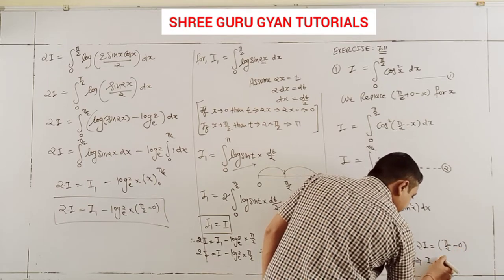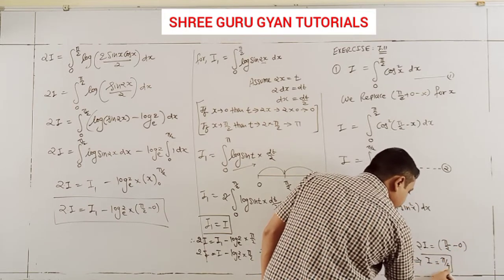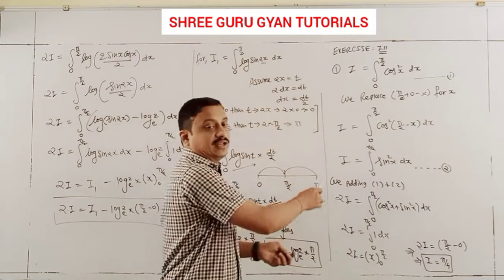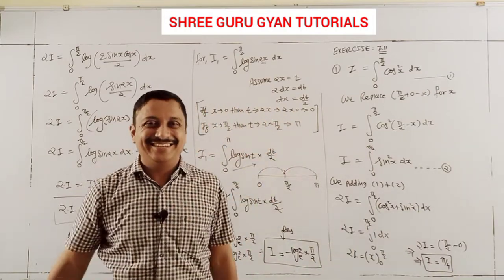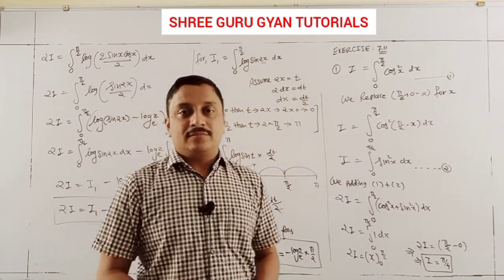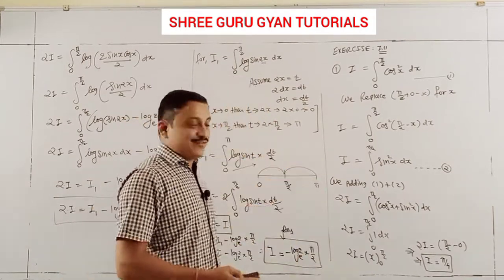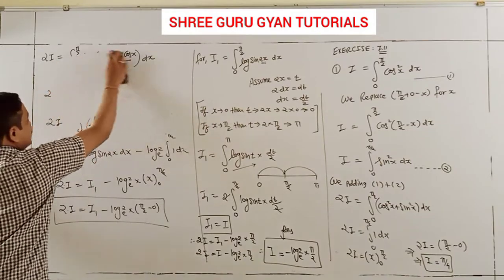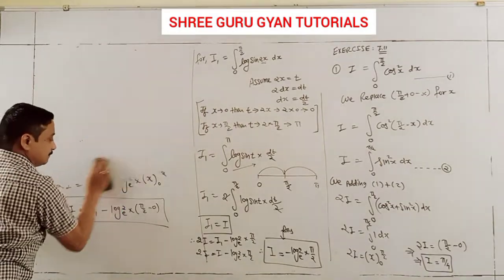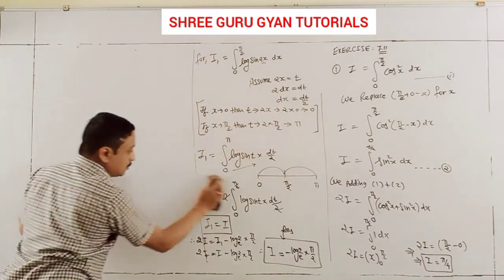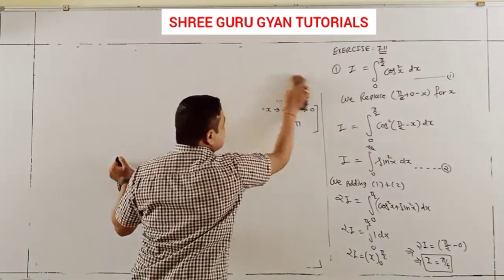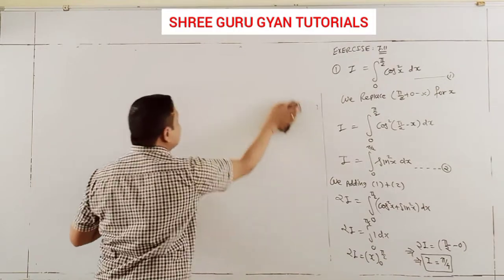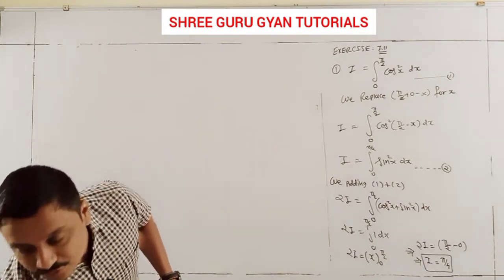So what is I? Pi by 4. And here students, you finally get this answer. First question easily done. Now students, after ending, we go to the next numerical, the second one. They all are the same pattern, easy numericals, so you can easily complete them in a simple way.